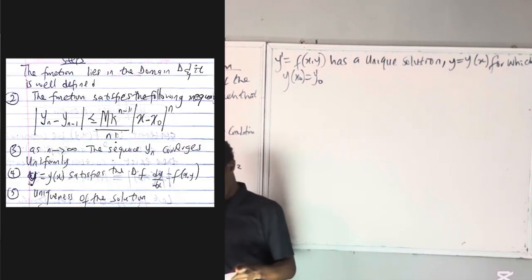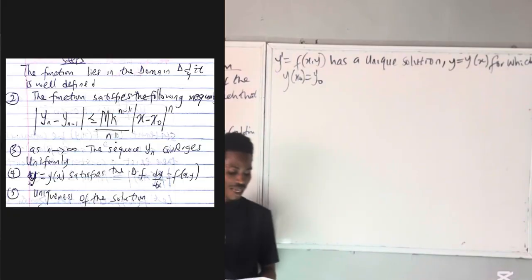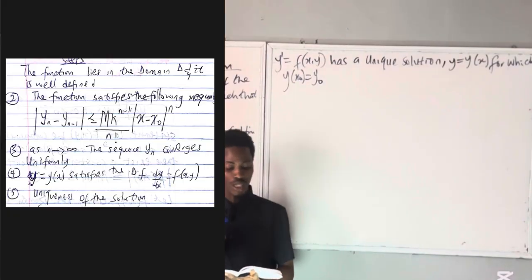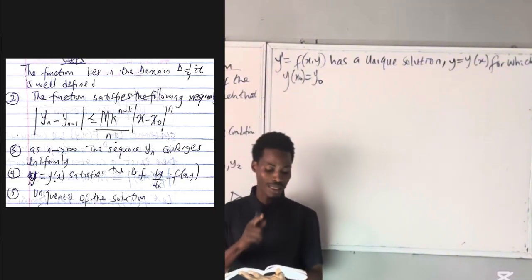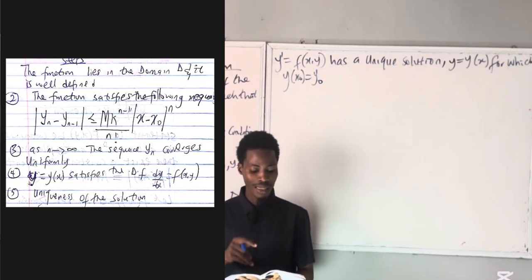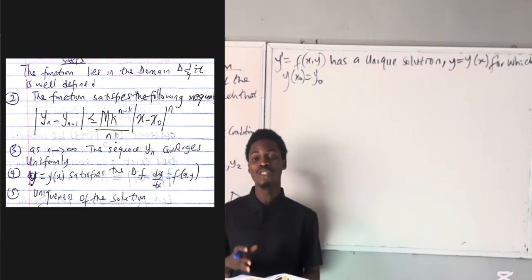In our first step, we have to show that the functions lie in the domain D and that it is well defined. So for us to prove the existence, we have to show that the functions lie in the domain D and it is well defined. Then we have to satisfy the following inequality.